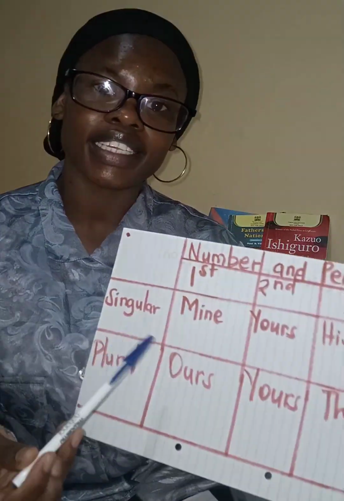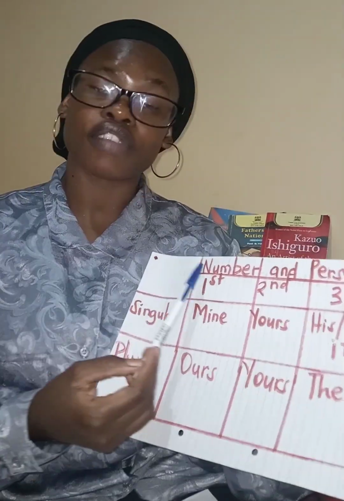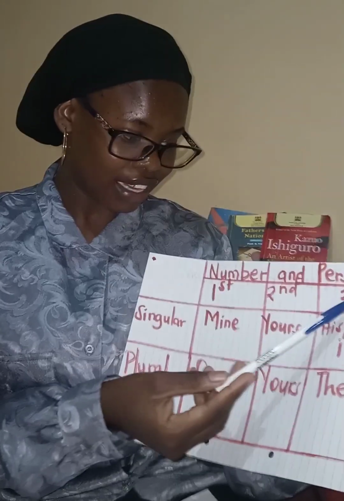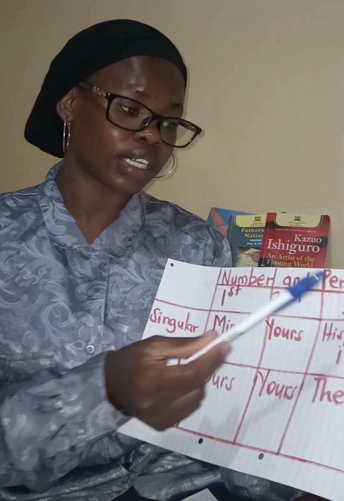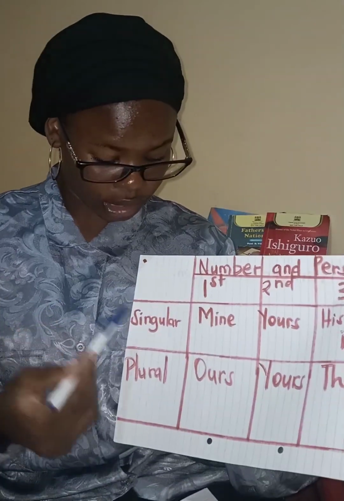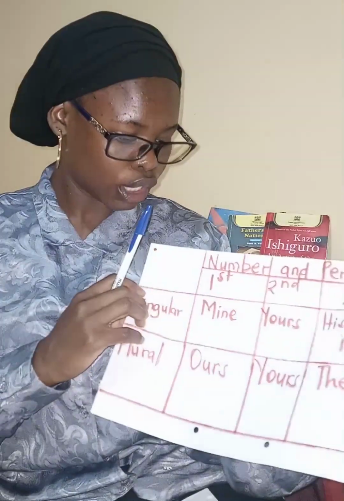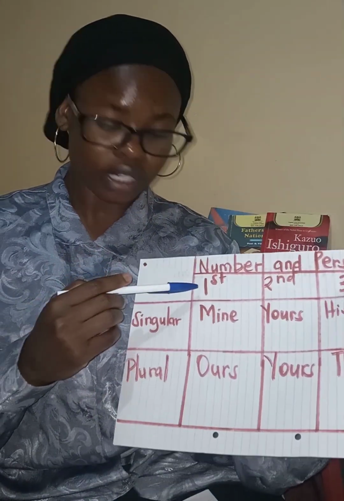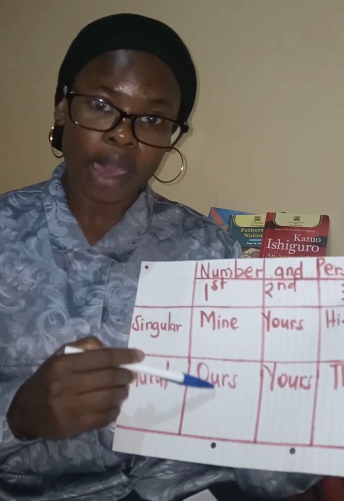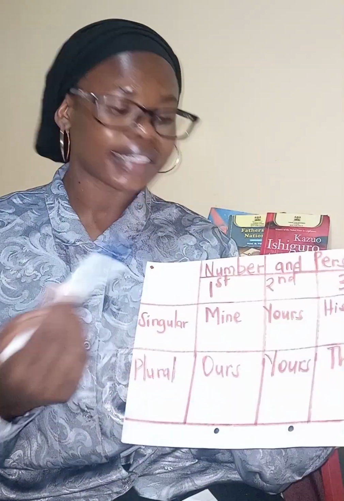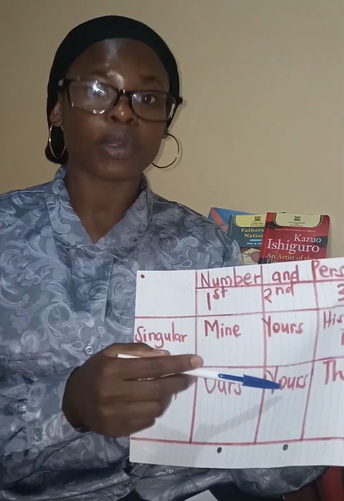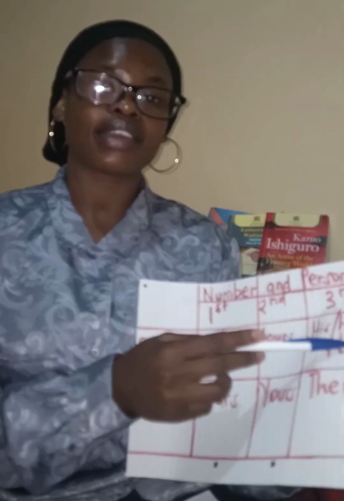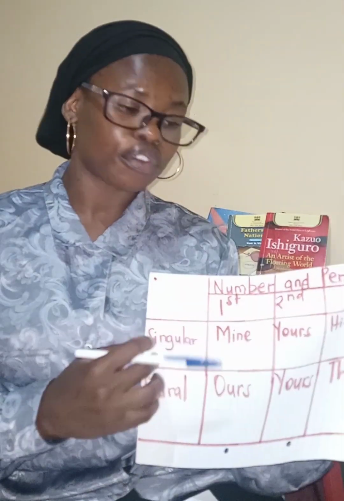Remember we said person occurs in first person, second person, and third person, and number in singular and plural forms. So we have the first person, mine, in the singular form, ours in the plural form. Second person, yours, singular form, yours, plural form. His, hers, and its, singular form, and then theirs in the plural form.